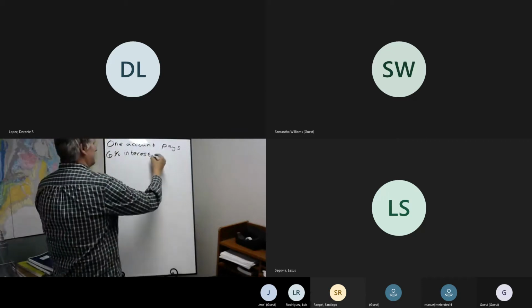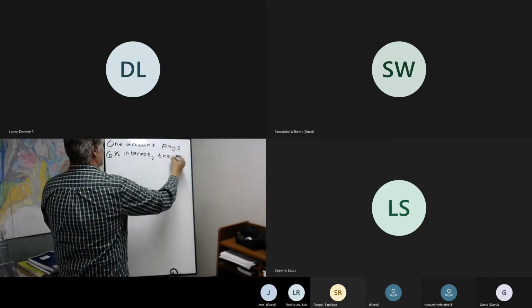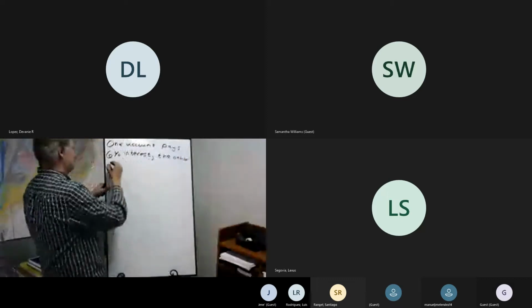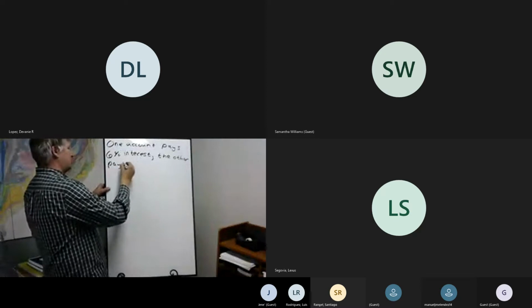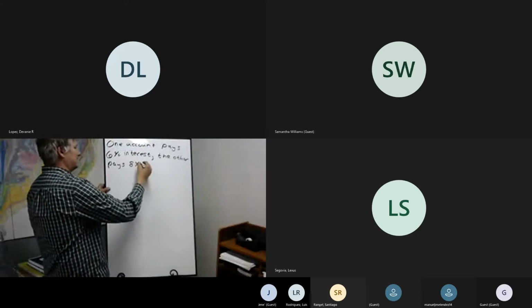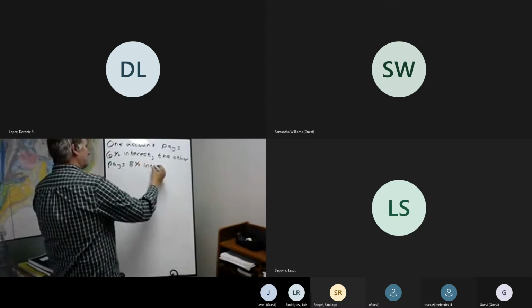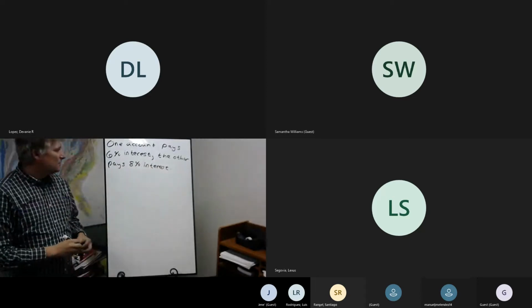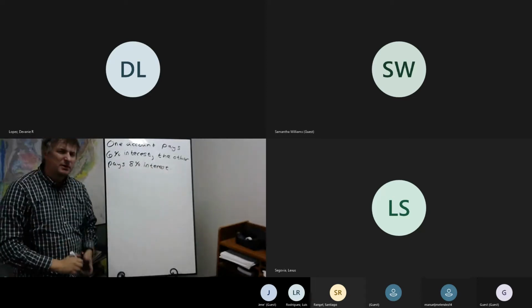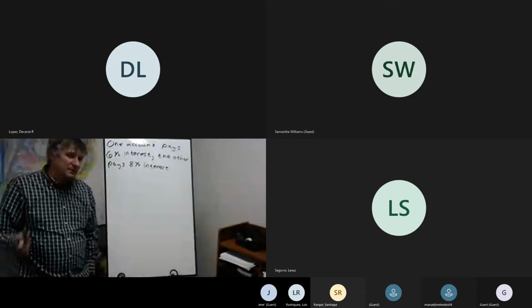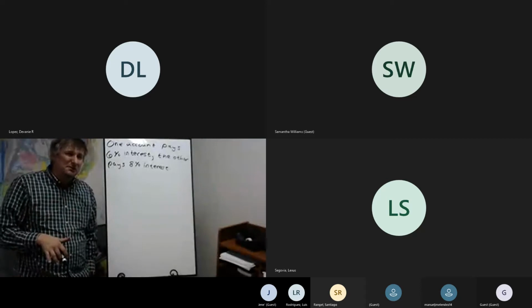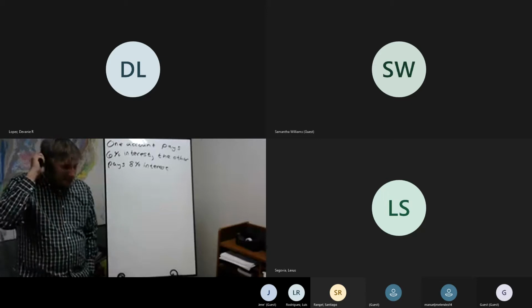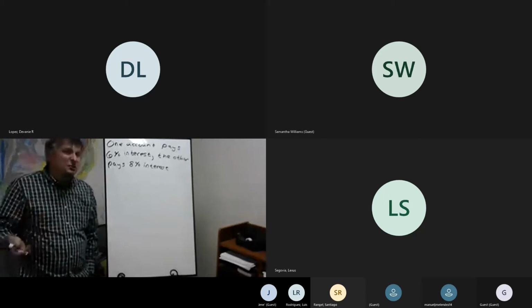The other pays 8%. So for whatever reasons, you're putting money in two separate accounts. You're putting some in a 6% interest and another money in an 8% interest. And in this case, these are annual interest rates.